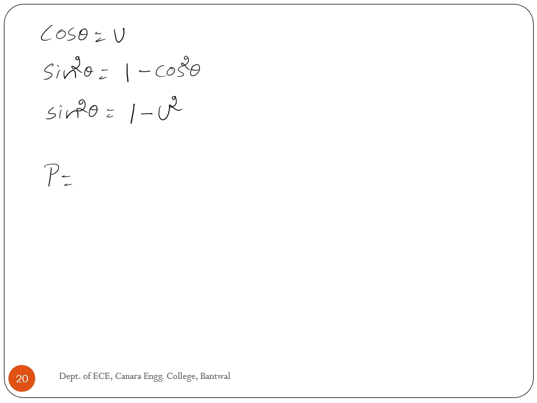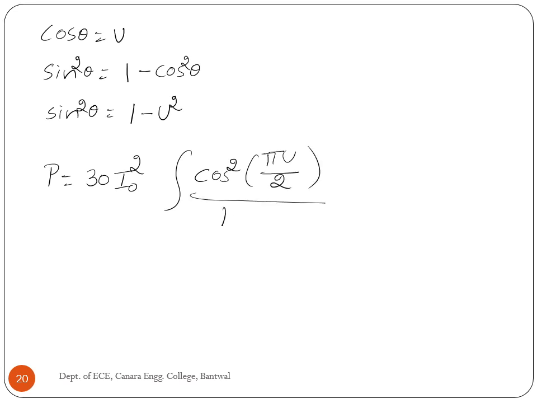We have considered cos theta equal to u, and we know that sin square theta equal to 1 minus cos square theta. Therefore, sin square theta equal to 1 minus u square. When I substitute this into the radiated power equation, that is 30 I naught square, integration of cos square of pi u by 2 divided by 1 minus u square into du, limits minus 1 to 1.